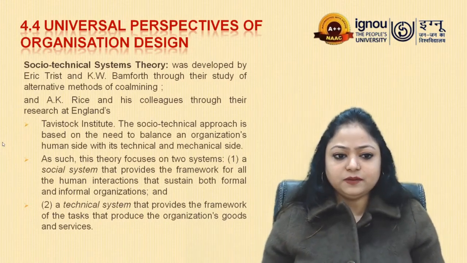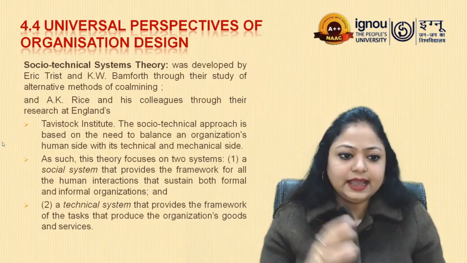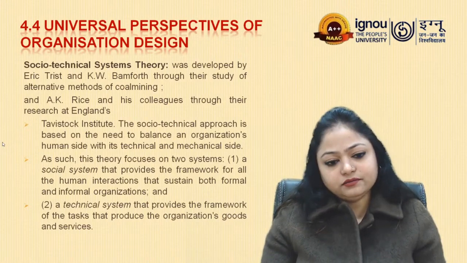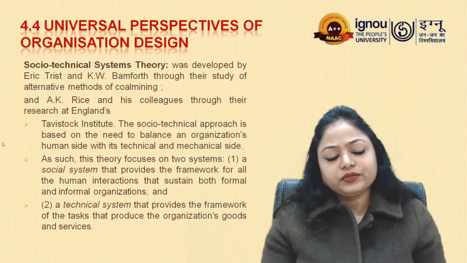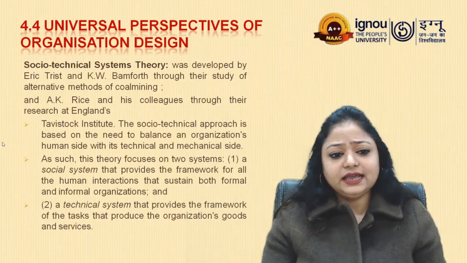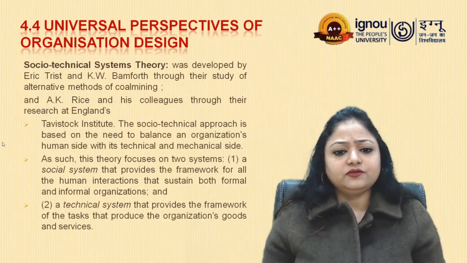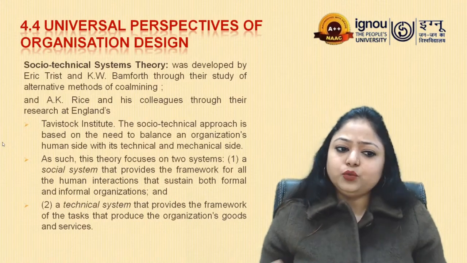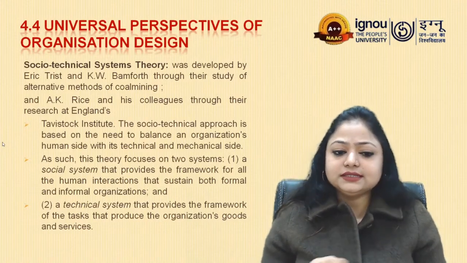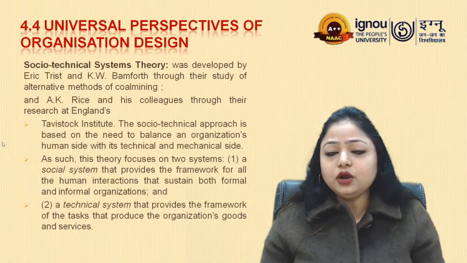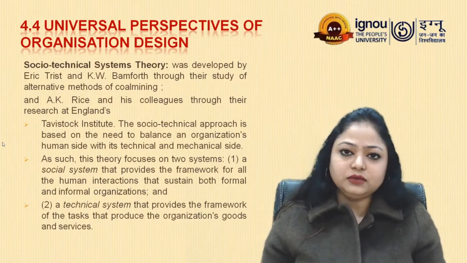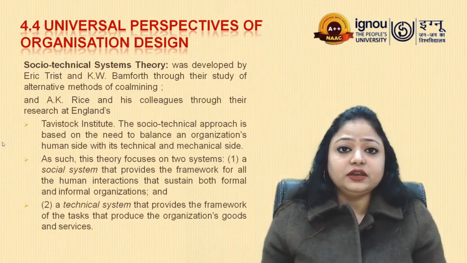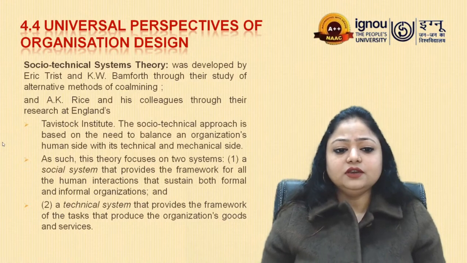One is the social system, that yes, people come from society, they have their behavioral side, they have their motivation, their attitude, their perception, their totality of personality, and that provides the framework for all human interactions and helps to understand that both formal and informal organization exist in the organization, and we cannot do away with the informal group settings or group communication or informal organization forming within the organization.